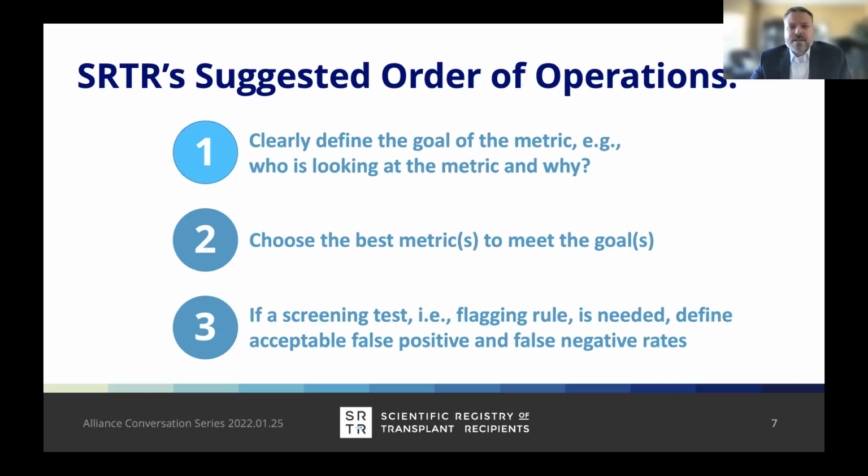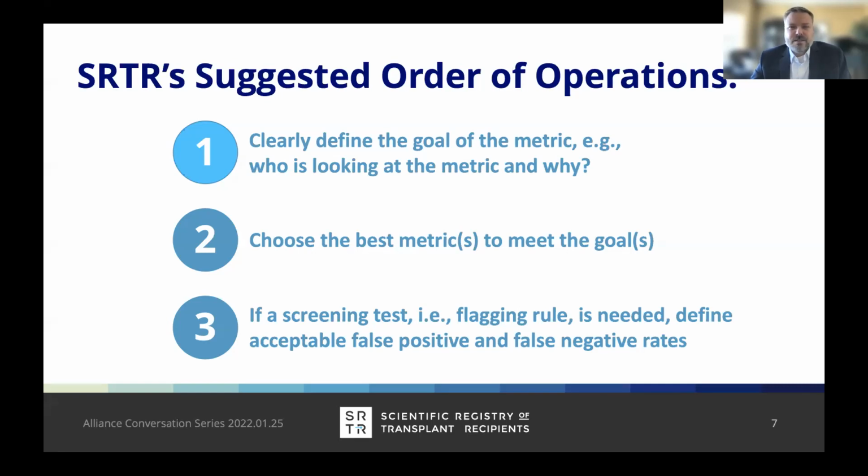In other words, the MPSC looks at, say, first-year graft survival. What is the rule they use to decide if you pass or fail? Okay. I'm going to refer to that generally as a flagging rule. Some call them an identification rule. Whatever the concept is, the idea is that you define a standard. And the program either meets the standard or they don't meet the standard.